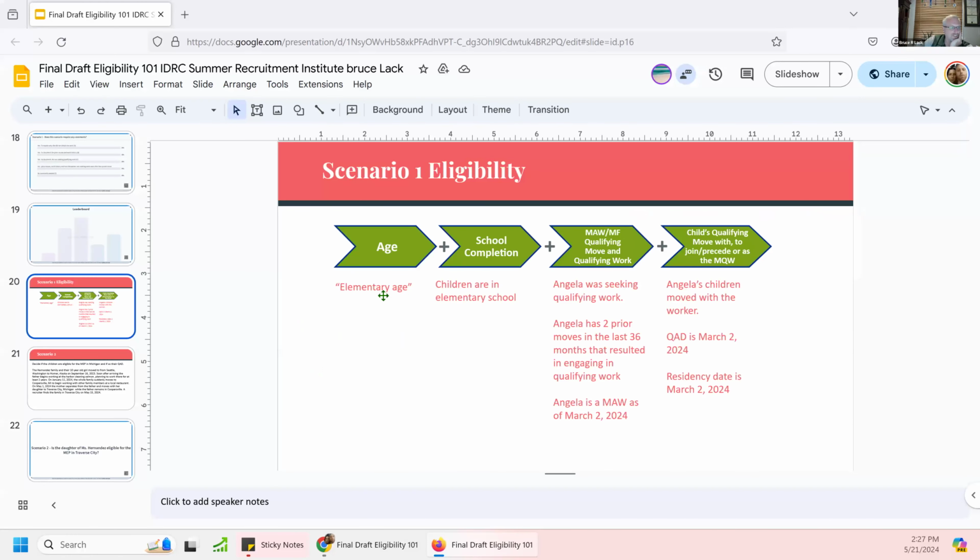The children were elementary age, they were in elementary school, so they're eligible. She was seeking work soon after the move, and she has 2 prior moves in the last 36 months that resulted in qualifying work at some point after that move. It doesn't have to be soon after the move.